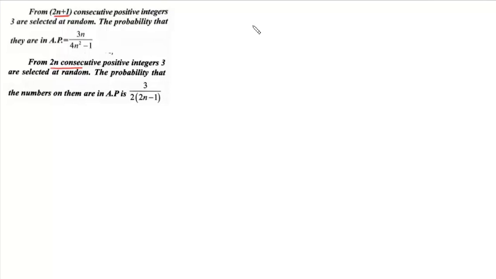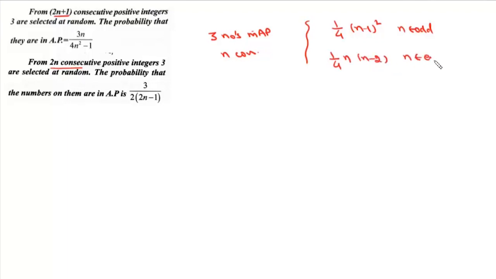Now in one of the previous videos in permutations and combinations, we have already studied that if we have to choose 3 numbers in AP from n consecutive integers, then it will be 1 by 4 (n minus 1) whole square if n is odd, and it will be 1 by 4 into n into (n minus 2) if n is even.